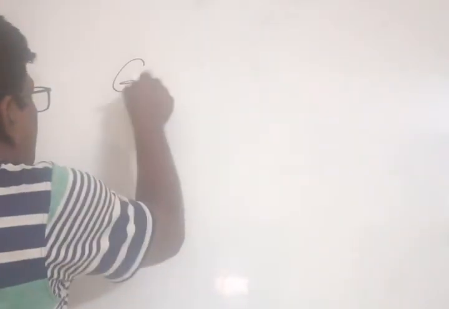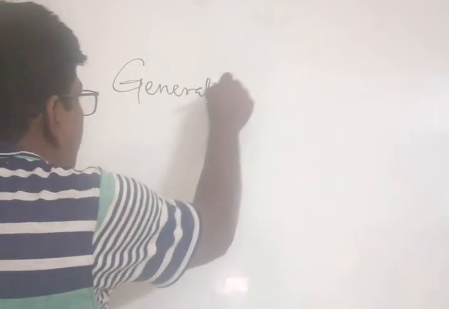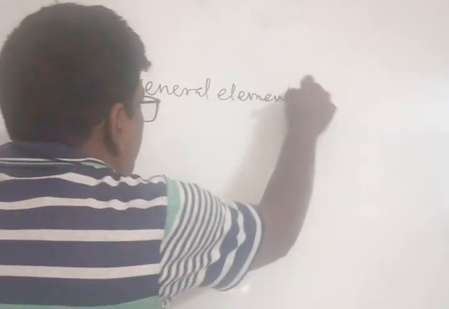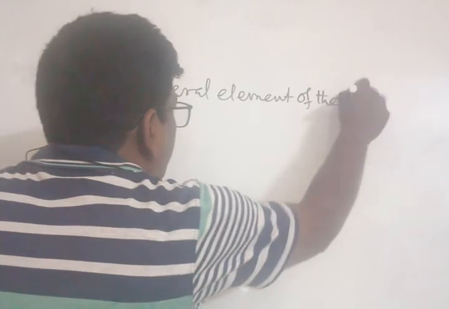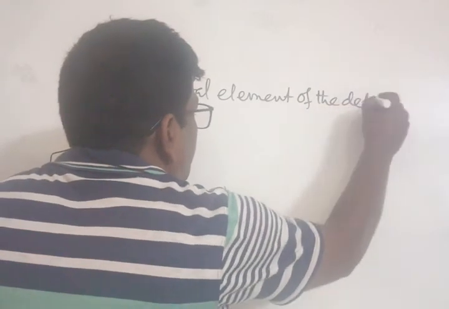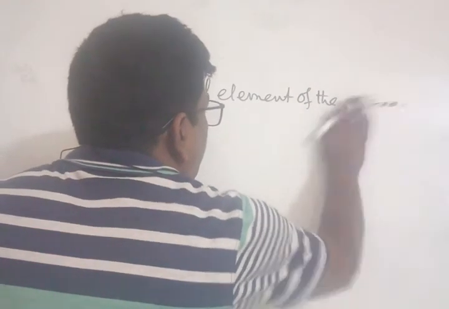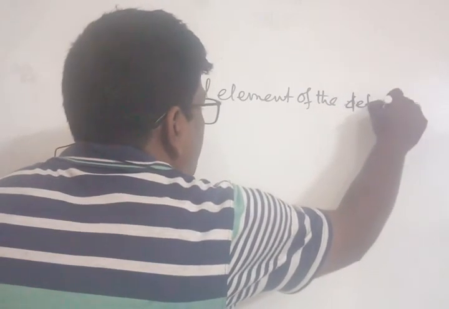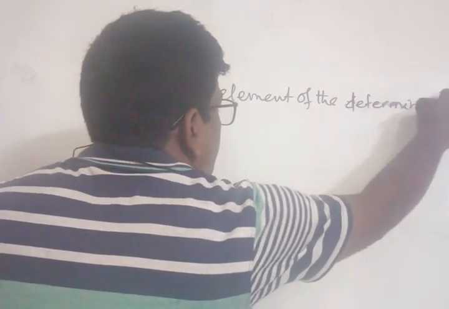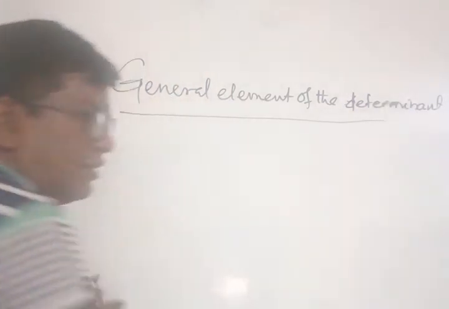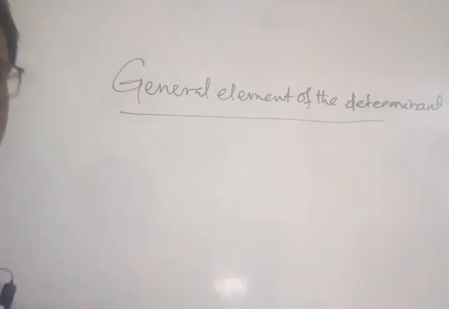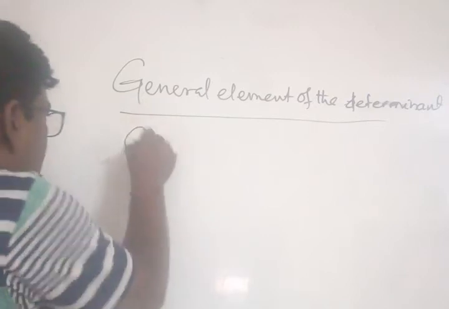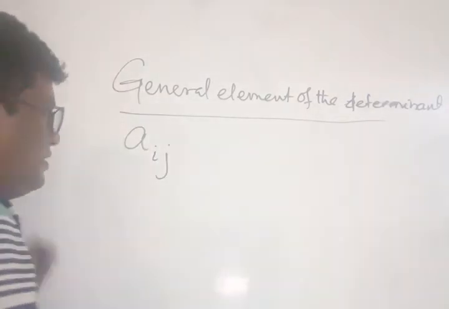Now, the general element of the determinant. General element of the determinant: small aij.